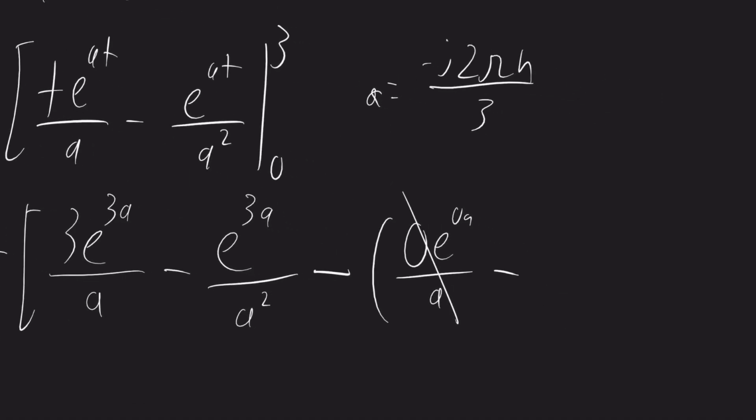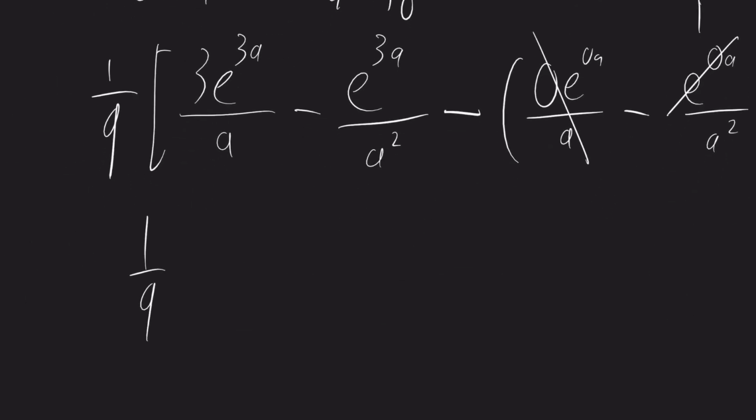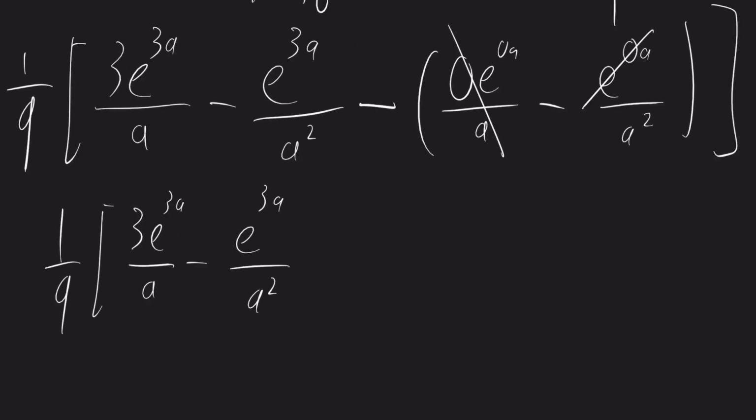We'll have minus e to the 0a over a squared, so the numerator is going to be 1. We'll have 1/9 times 3e to the 3a over a minus e to the 3a over a squared plus 1 over a squared. And a is negative j 2 pi n over 3.